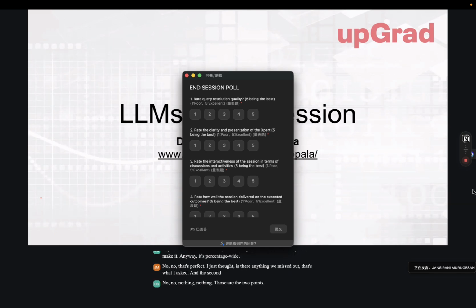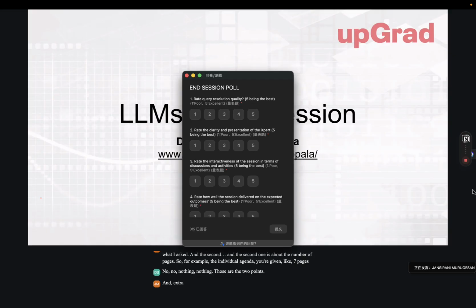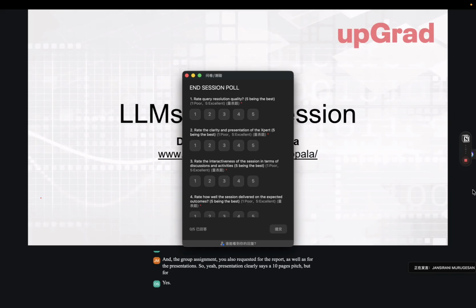And the second one is about the number of pages. For example, for the individual assignment you've given 7 pages, and an extra 3 pages, so total not more than 10 pages. Yes. And for the group assignment, you also requested the report as well as the presentation. The presentation clearly says a 10-page pitch, but for the report, do we have any restrictions?